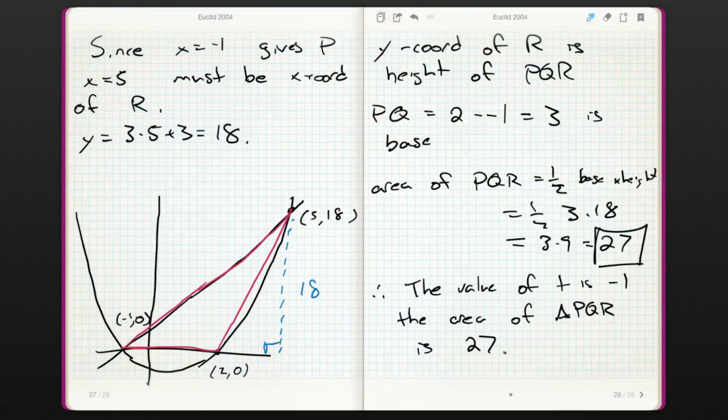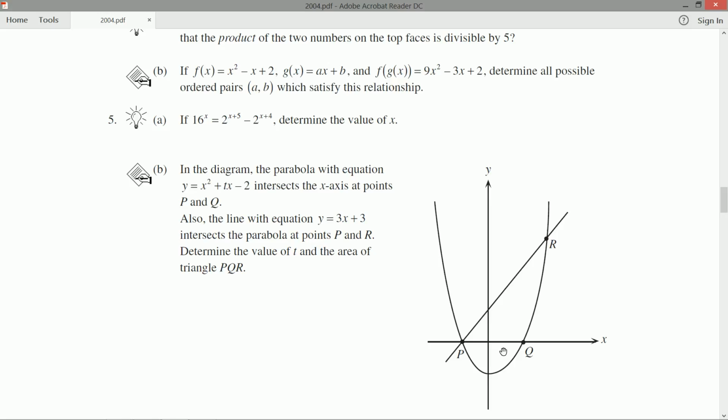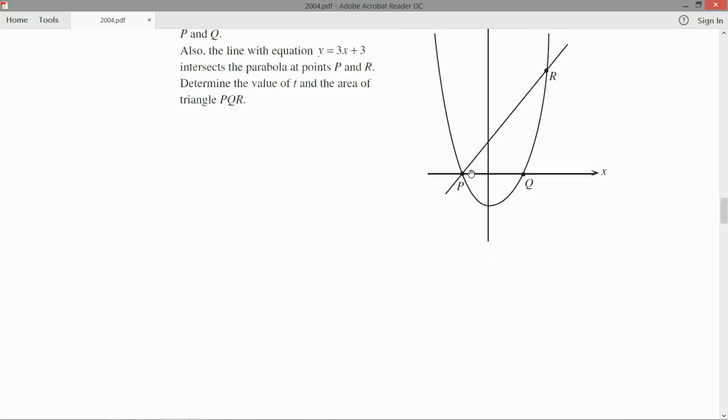Just leave it as 27. Some people want to put units squared, but really don't bother with that. We just care about the number, not what we're measuring in. Okay, so that sums it up and gives exactly what they asked for as a neat little summary. It makes it so people marking can just go to the bottom and say, did they get those right? Great. Instead of just searching.